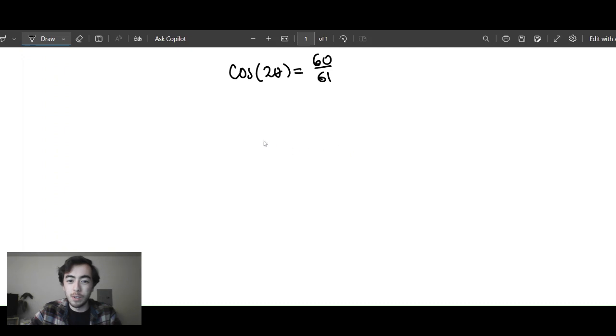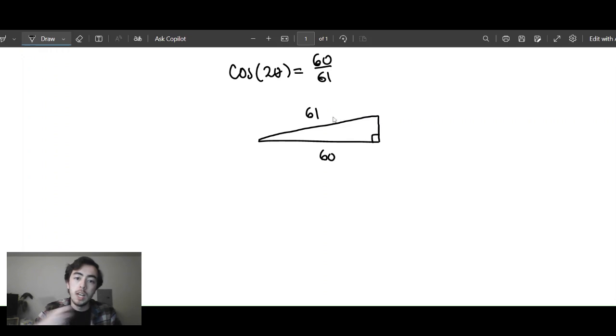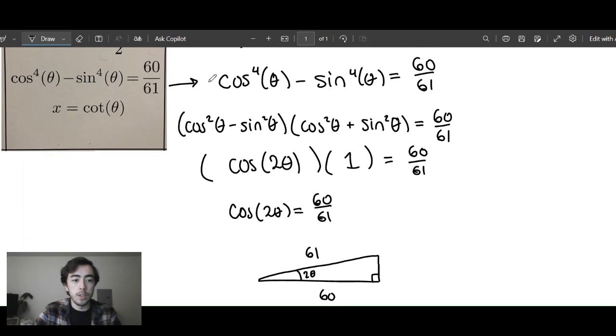So I could draw a right triangle whose adjacent side is roughly the same length as the hypotenuse. We could have a 60 here and a 61 there. And cosine of 2 theta is going to be equal to 60 over 61. So this right here is going to be my angle 2 theta. I'm not really sure what theta is yet, but it's going to be in that triangle right there.